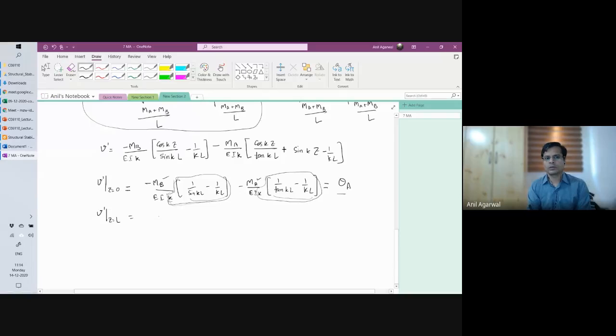Anyway, moving forward, similarly, we can substitute the value of Z as equal to L, and what you will see is that the terms will only switch, and that is obvious. So theta A will once again become minus MA, if I'm not wrong.